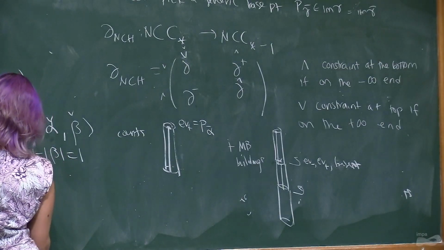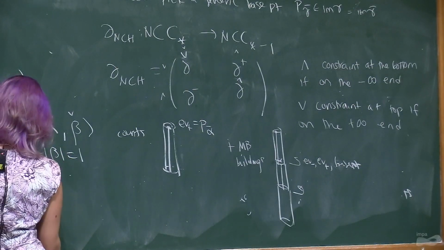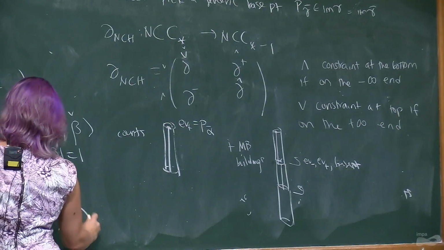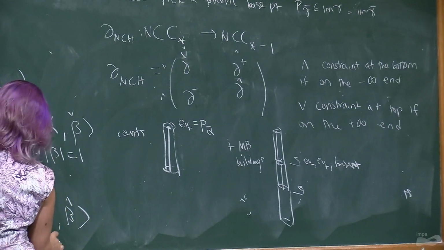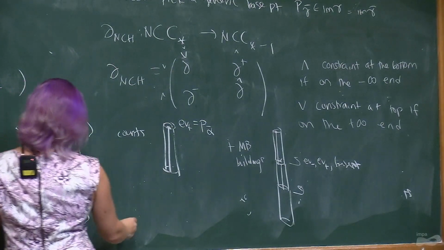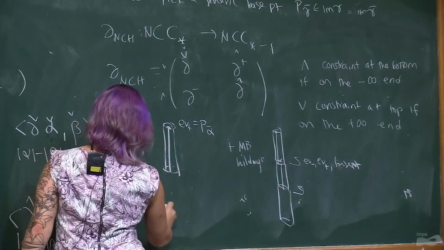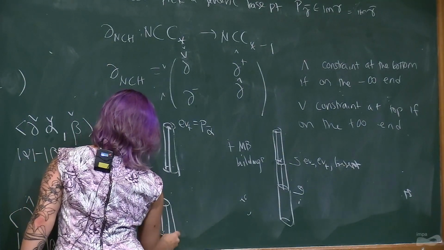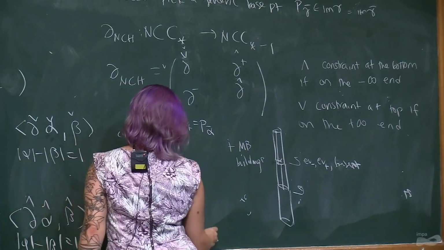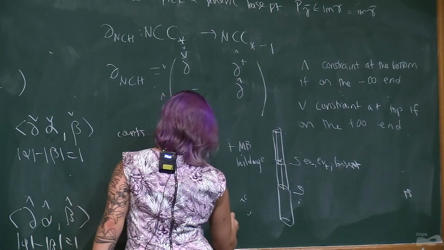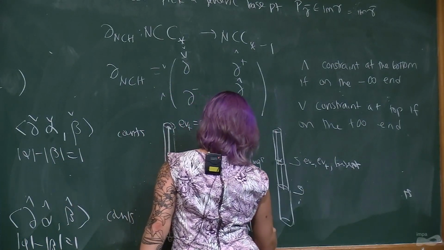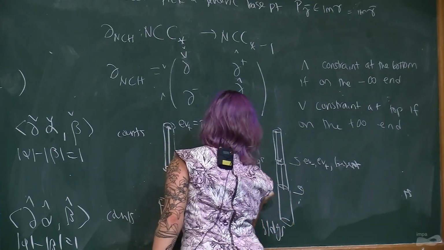And D hat will do something similar, but now I'll have a point constraint at the bottom. And I still have these Morse-Bott buildings. Okay.